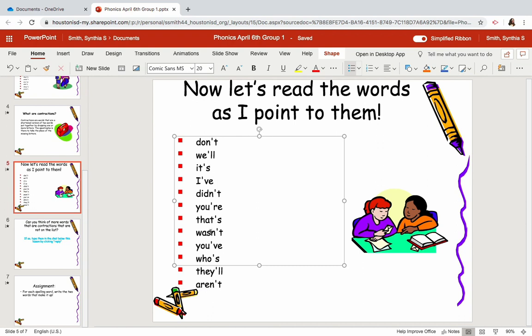And what's the other word that you see in here? Was. So it would be what? Was not. Okay? We did the word we'll. Okay? And we said that when we have the apostrophe LL, it was standing for what word in the contraction? Will, right? So anytime you see apostrophe LL at the end of a contraction, the second word is going to be will. Okay?